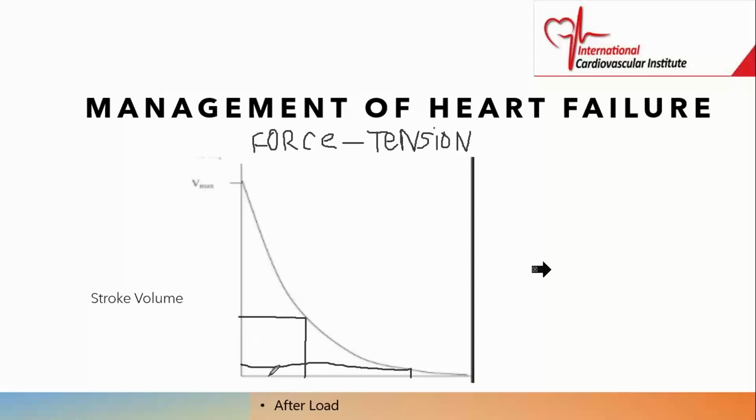So the lower the afterload, the greater the output, okay? You can lower the afterload tremendously, and the output will get more. So this is also very important in treating these patients, because if we give a medication that can lower the afterload, the resistance against which the heart has to pump blood, then the cardiac output will improve tremendously.